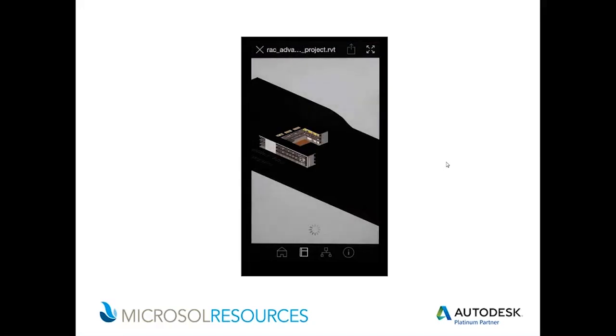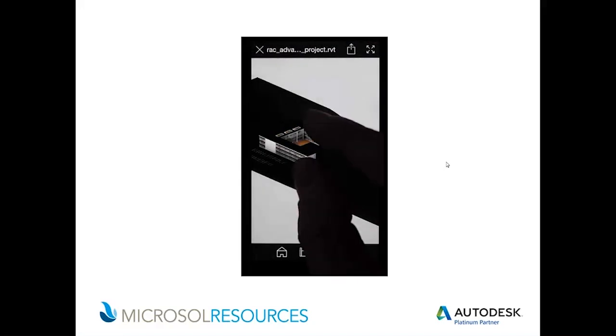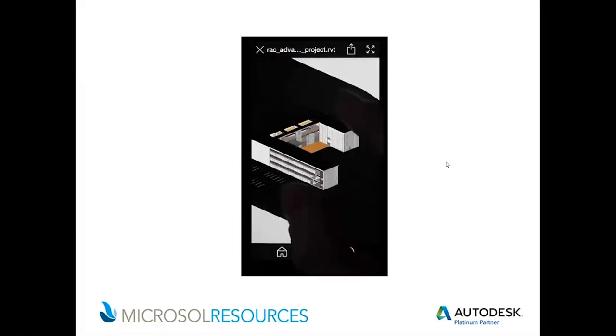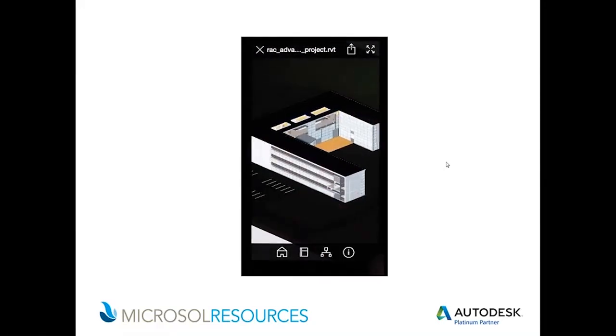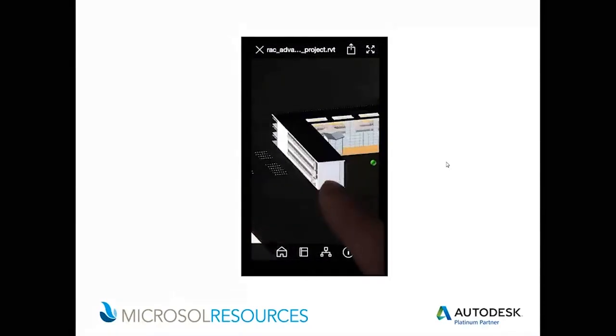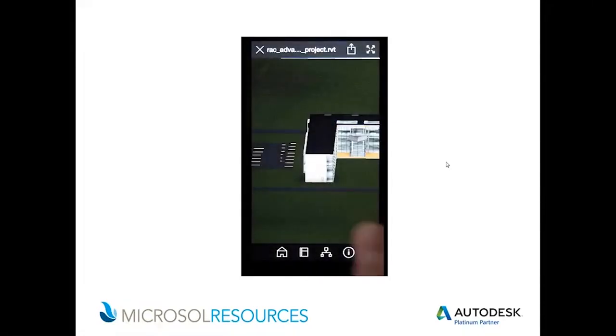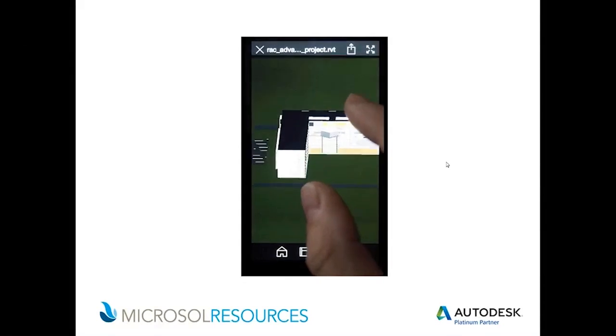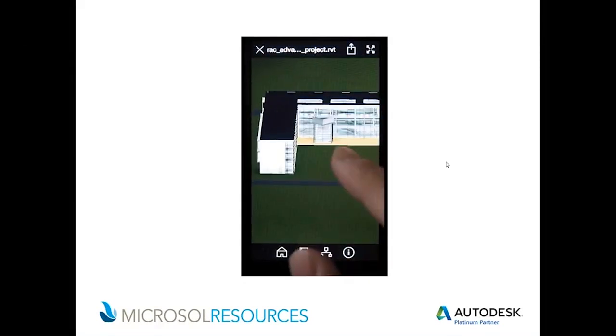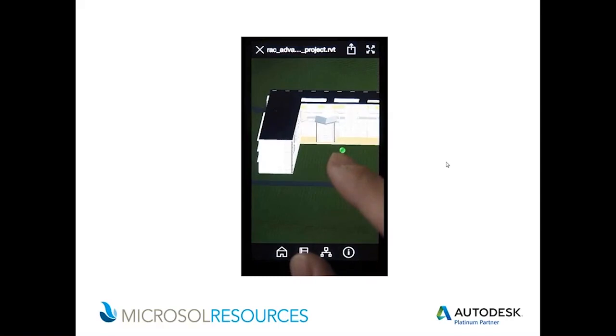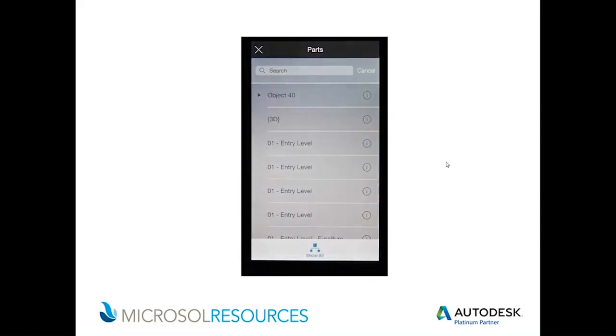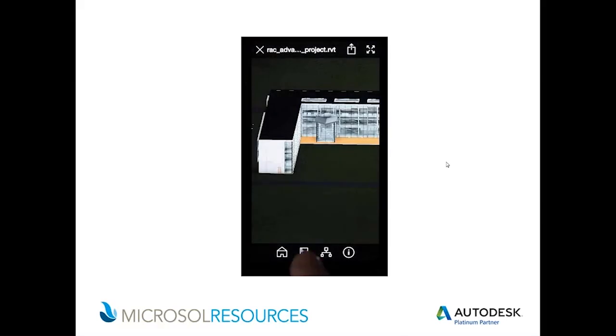So as with the web interface, again, we've got our 3D model. We can zoom in. We can pan around. And this will also work on tablets. So you could send someone out into the field with a tablet. They could show the objects and also pull up sheets.